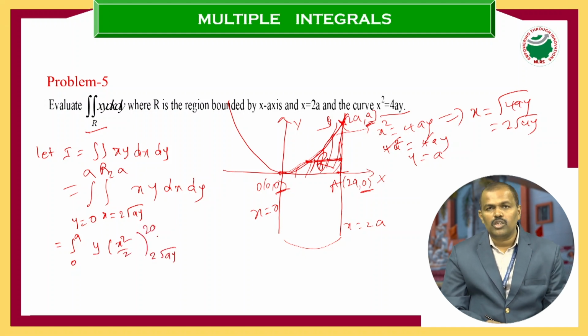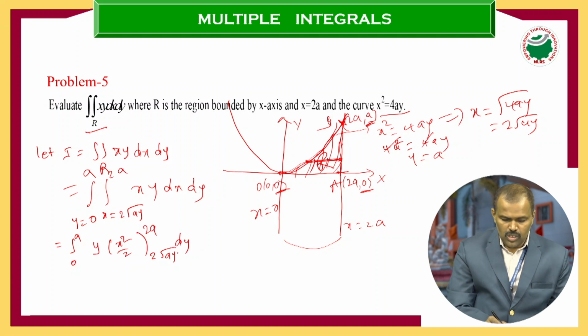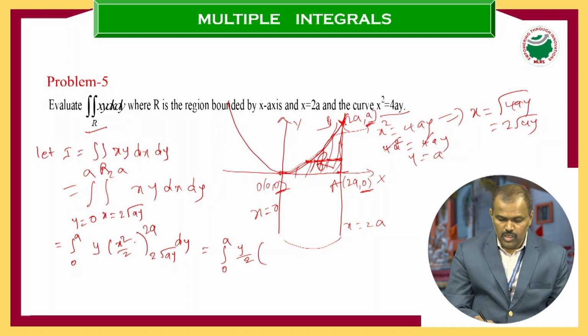Now it's time for doing with respect to y. So that is equal to 2a square into integral of y dy, y square by 2, minus 2a integral of y square, y cube by 3, within the limits 0 to a.